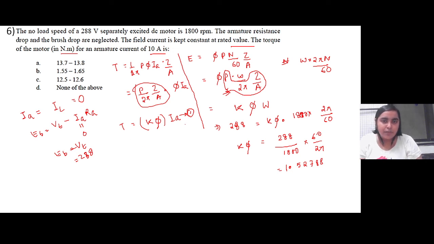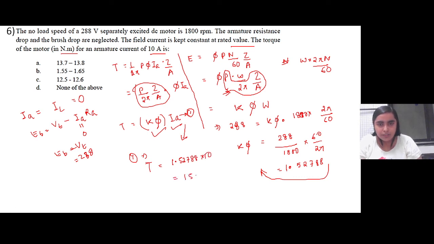Now from this particular equation 1, we have the k phi, which can be written from this particular equation and plugged in there. So we can easily calculate the value of torque, right? So torque will be equal to k phi, 1.52788, into 10 ampere, that is equal to 15.2788 Newton meter. So none of the options actually matches this value. So the correct option is option D, none of the above.